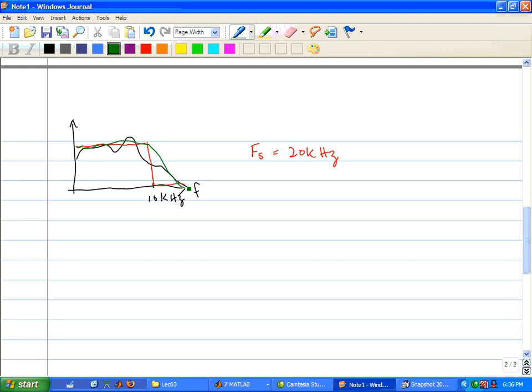But now let's say that there's still sort of relevant information up to about, let's say, 16 kilohertz. Although the information between 10 and 16 has been attenuated. So this got divided.